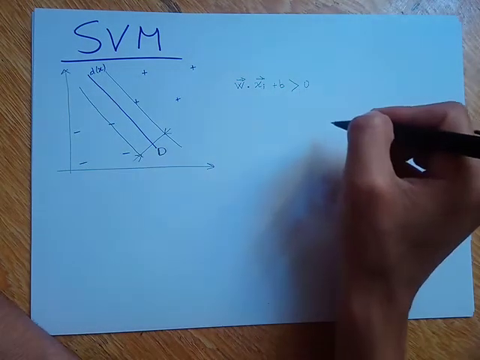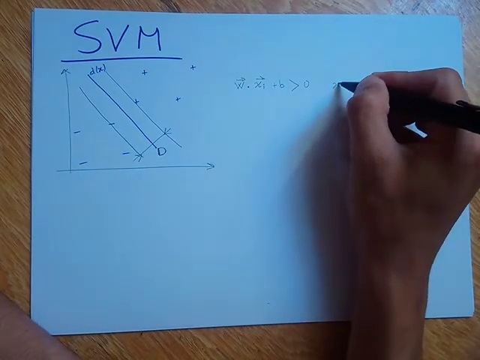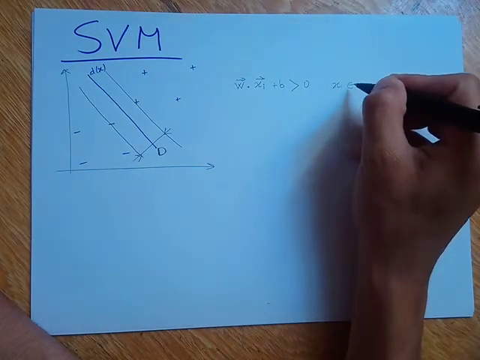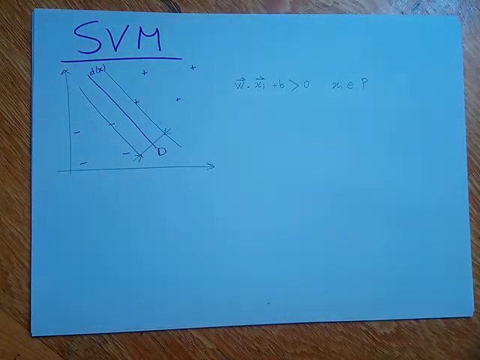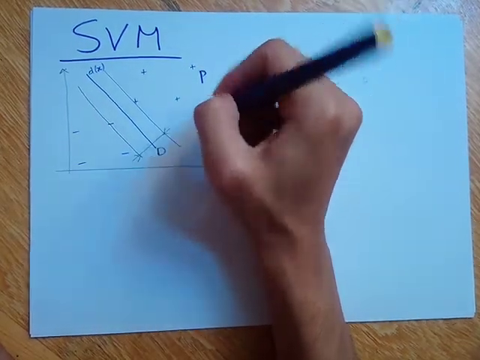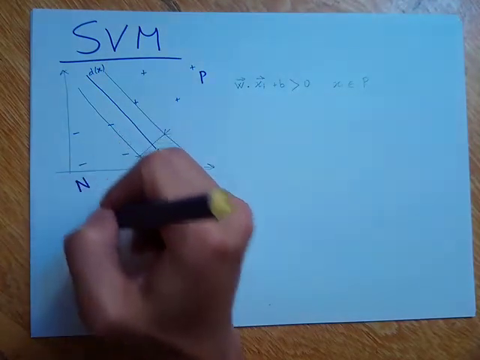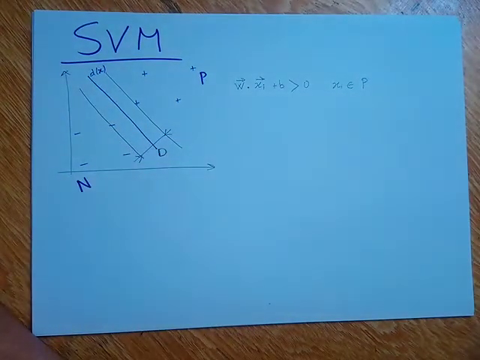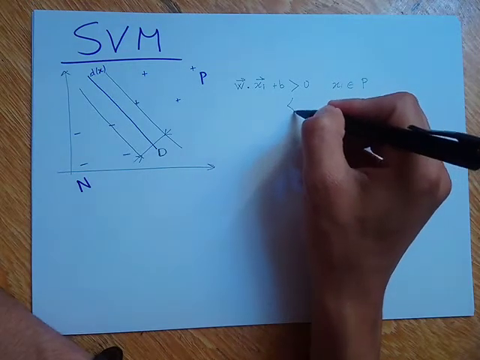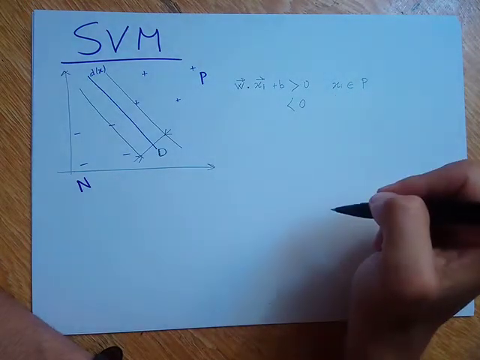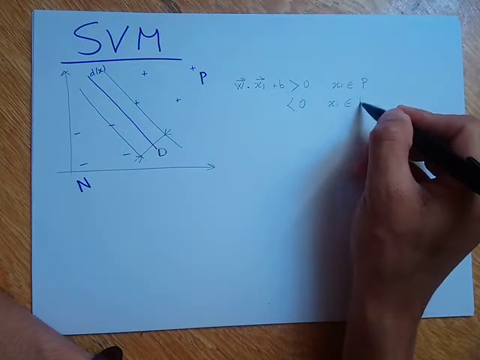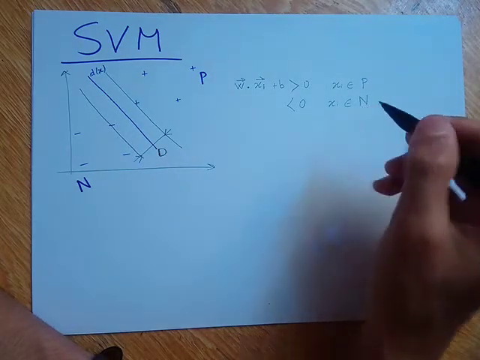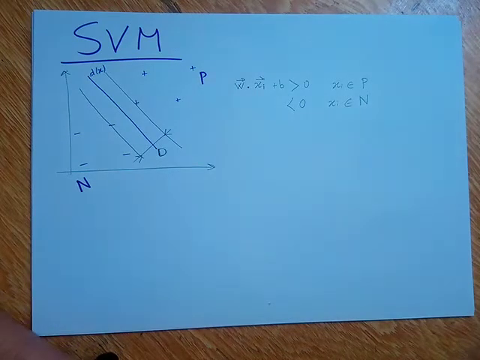If it is higher than 0, then xi belongs to the positive class. This is P, the positive class on this side, and this is the negative class on this side. Otherwise, if it's smaller than 0, then xi belongs to the class N, right? This was my decision rule.